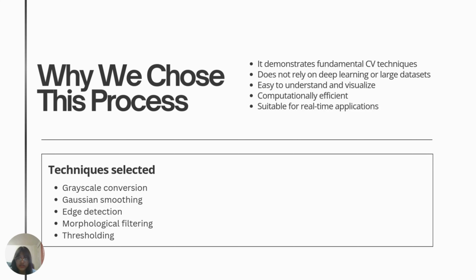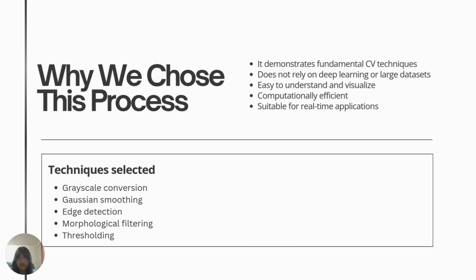To build our system, we selected five main techniques. First, grayscale conversion, which simplifies the image by removing color information. Second is Gaussian smoothing, which reduces noise and helps stabilize edge detection. Third is edge detection, which identifies the boundaries and contours of the image.